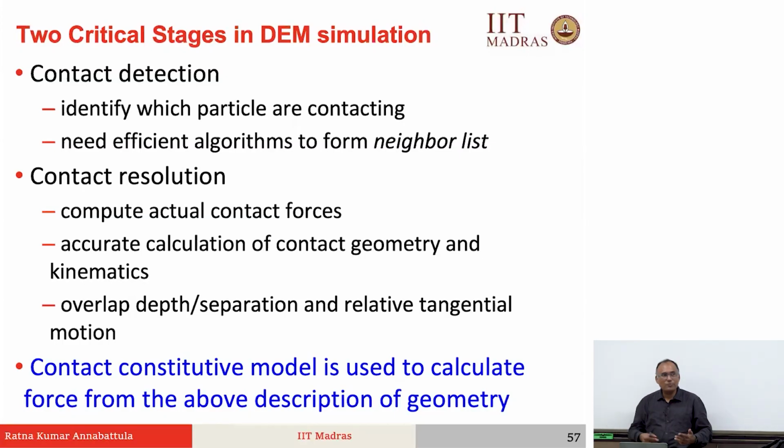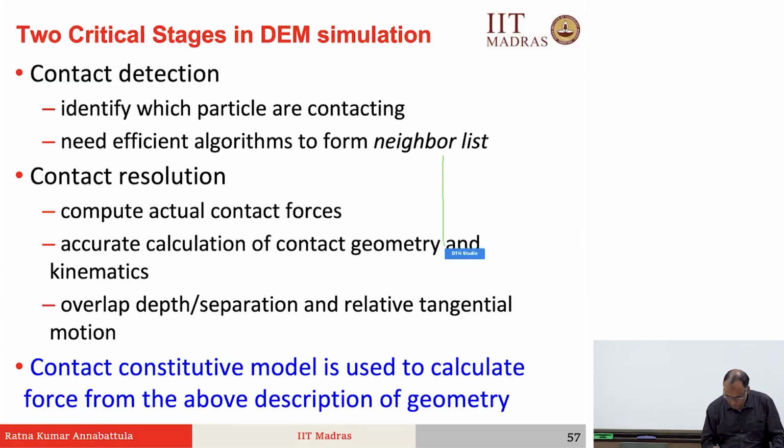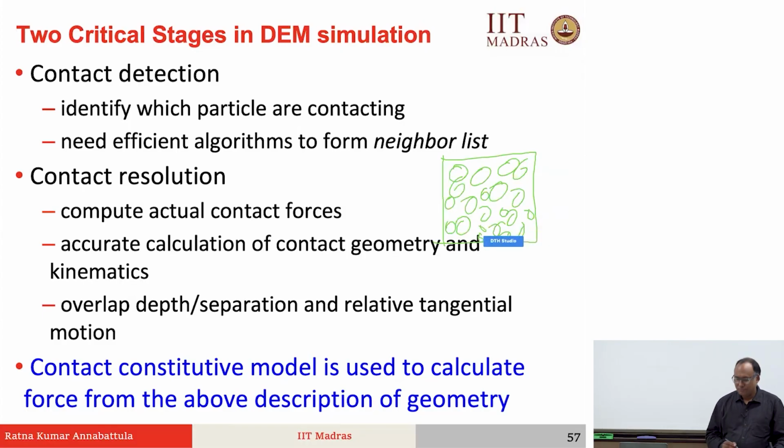Now you can develop smart algorithms. For example, you have an assembly like that. Now if I am trying to find out the neighbors of this fellow, right? Does it make sense for me, if I don't pay much attention, to be checking whether this guy is making contact with this fellow?